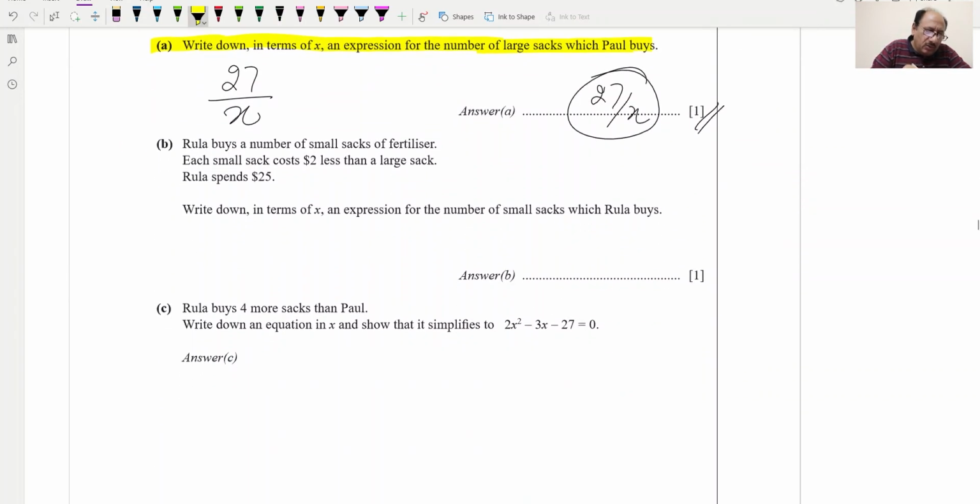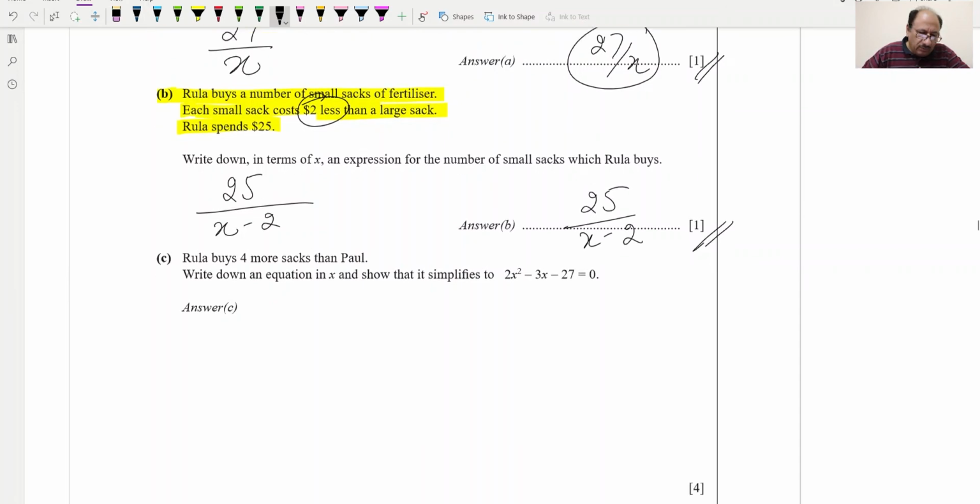Then Rolla buys a number of small sacks of fertilizer. Each small sack costs $2 less than a large sack. Rolla spends 25. So instead of 27 it is 25, and the cost is x minus 2 because it costs 2 less, so we write 25 over x minus 2, which is also 1 mark.